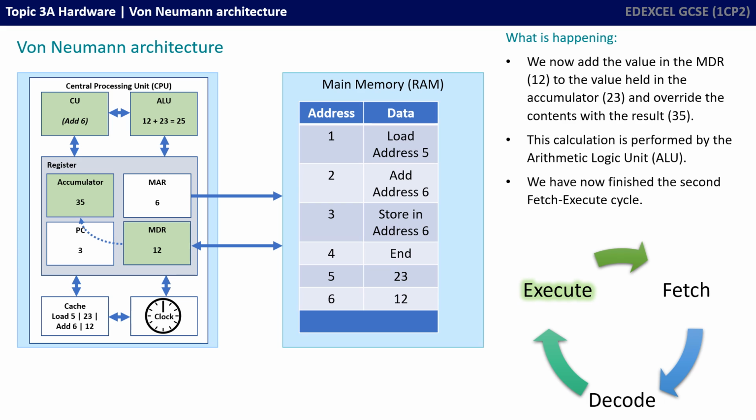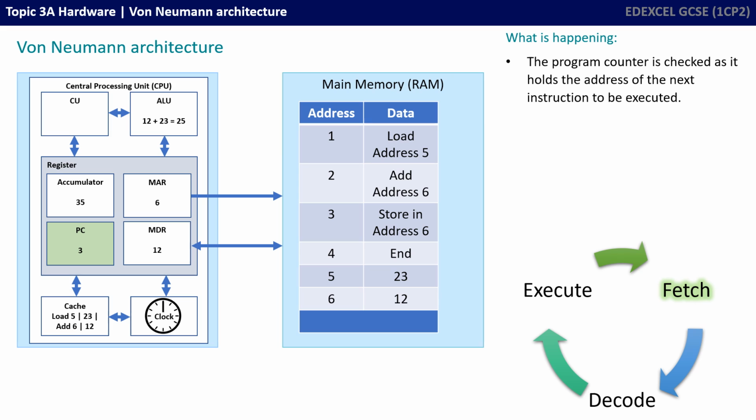We now add the value in the memory data register, that's 12, to the value held in the accumulator, which is 23, and we override the contents with the result, 35. This calculation is performed by the arithmetic logic unit. We've now finished the second fetch execute cycle, and it's time to start the third.